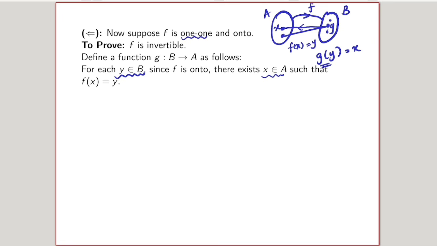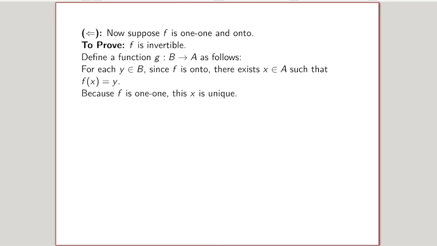If we have two pre-images, the 1, 1 condition will be violated. So, I'll have only one pre-image, and I'm going to give that pre-image as the image of Y under the map G. That's what we have written here. Since F is 1, 1, this pre-image X will be a unique element. So, we define that X as G of Y.